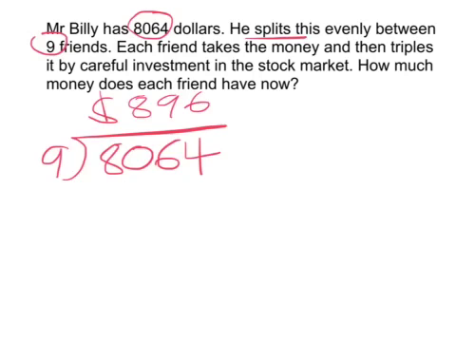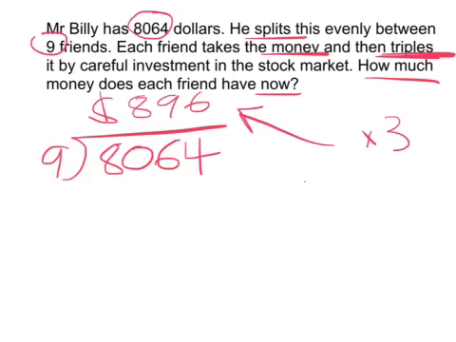Okay, then each friend takes the money, right, and then triples it by careful investment in the stock market. How much does each friend have now? So if we triple this amount of money, okay, so you're a friend, you've got $896. If you're going to triple it, it means you times it by 3. So it's actually just a bit of short contracted multiplication, isn't it? So here's your new sum.